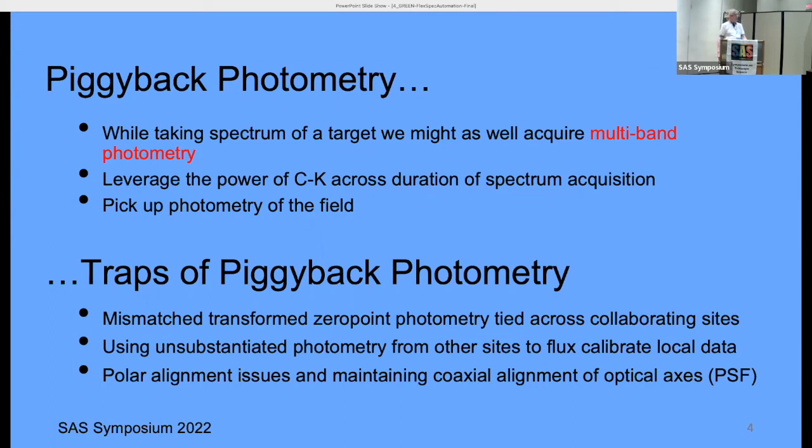So, unsubstantiated photometry from other sites. If we're not agreeing on how we're doing our transforms and we're trying to operate in a collaborative environment, or someone's relying on our data that we don't even know they're relying on, then that's a way that we have to be a little bit careful not to introduce errors.